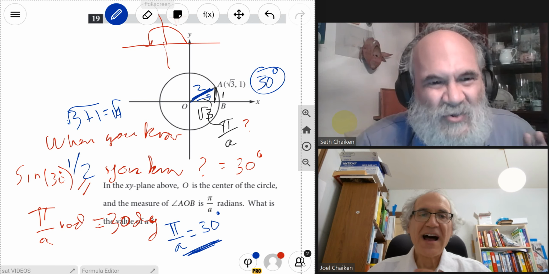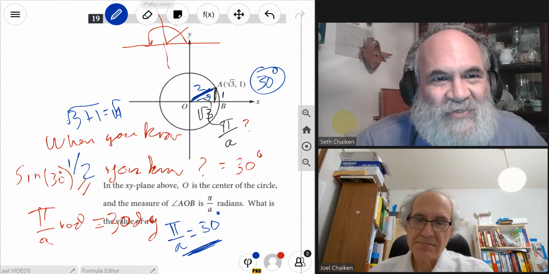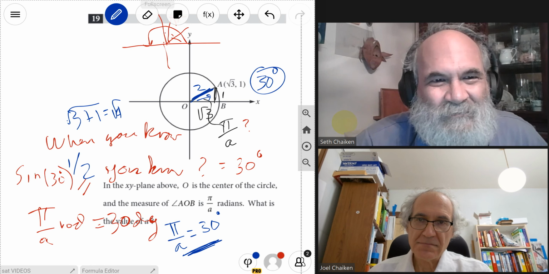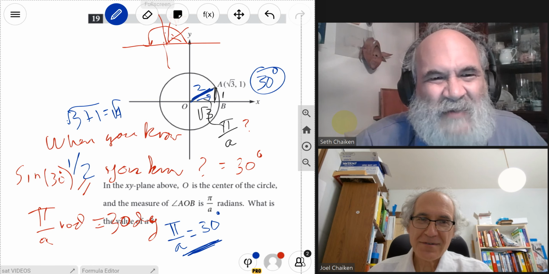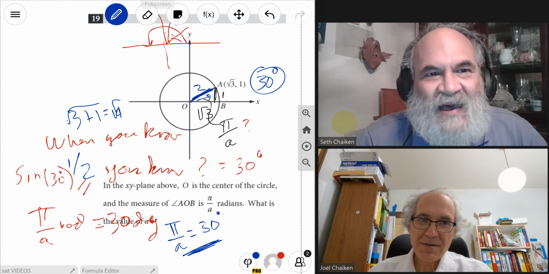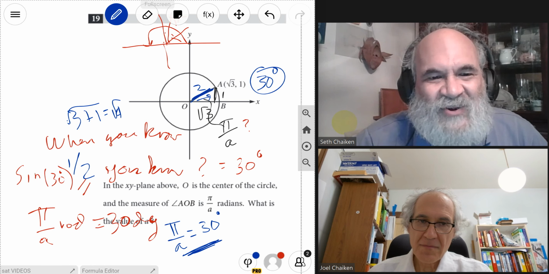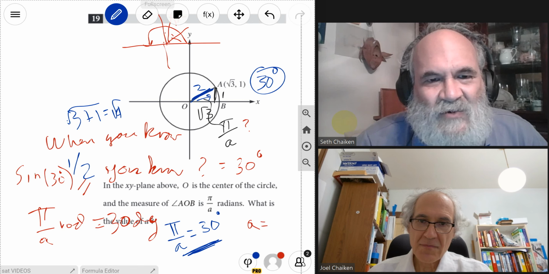I see it. 30 degrees is 1/3 of 90, which is 1/3 the way around the quarter circle. Therefore, 30 degrees is 1/6 the way around the straight angle or half circle, and therefore a equals 6.